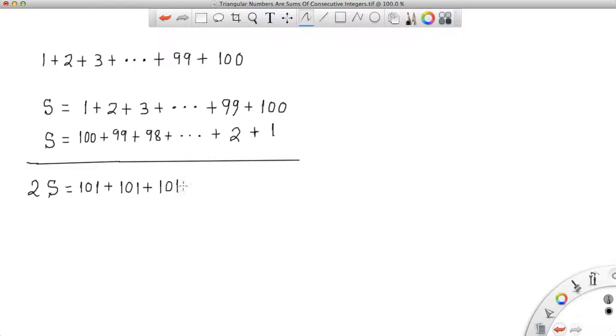So this keeps happening because as we move along, the numbers in the first sum go up by 1, but at the same time the numbers in the second sum go down by 1. So one goes up, the other goes down, so that the sum remains the same. It's a constant number. All of these vertical additions of two numbers, see, 99 plus 2, are always going to be 101 all the way from beginning to end in this sum.